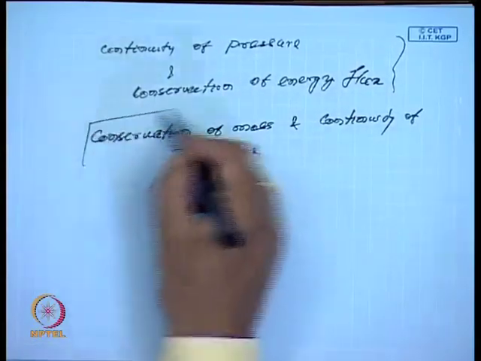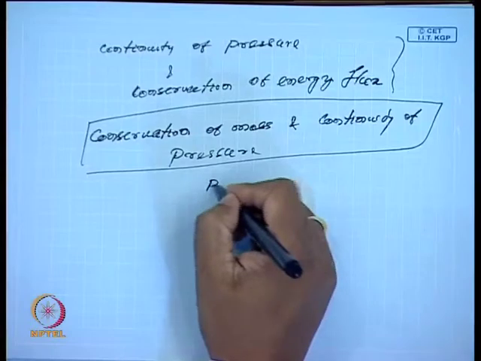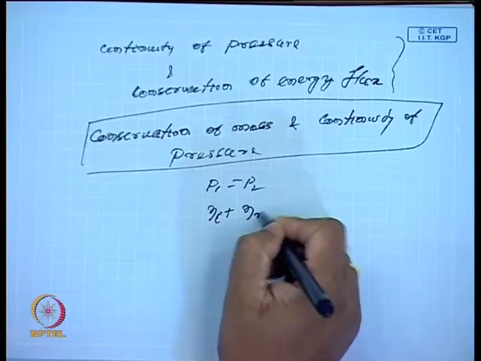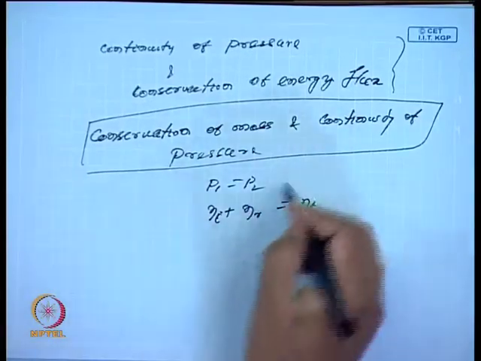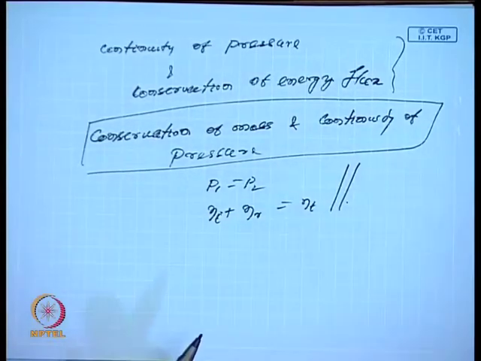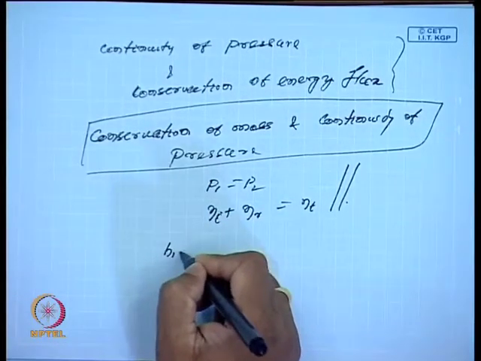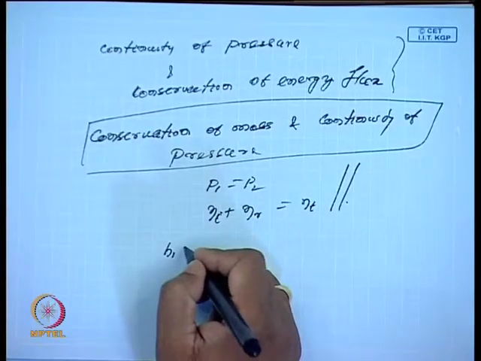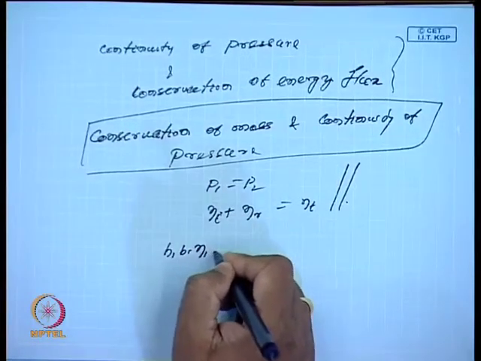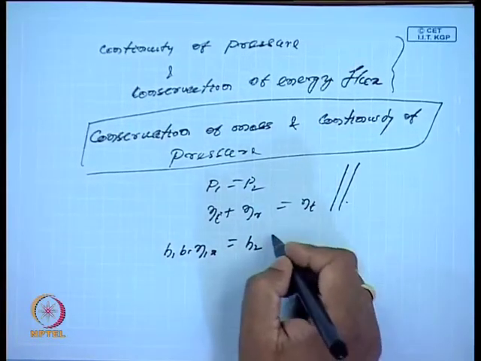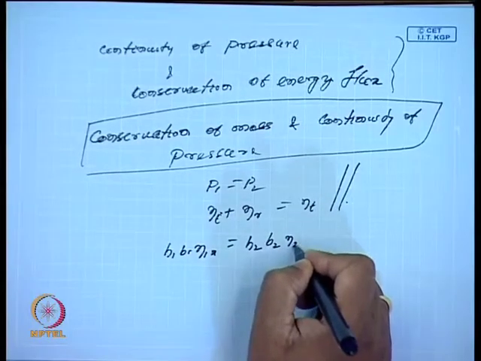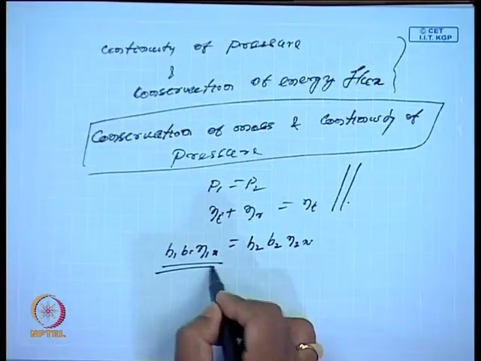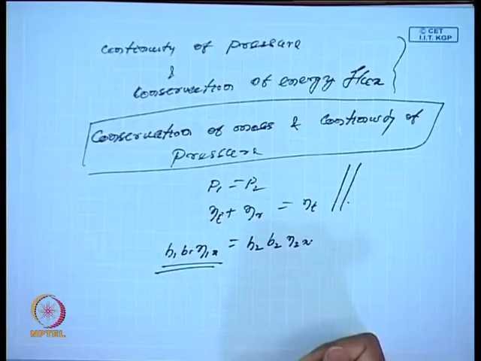So what will happen in the case of conservation of mass? Here we have P1 is P2, and that was giving us eta I plus eta r is eta t. This is from the pressure continuity. If you look at conservation of mass, that will give us H1 B1 eta1 x is H2 B2 eta2 x, and this eta1 x is the overall depth of water on the left side.